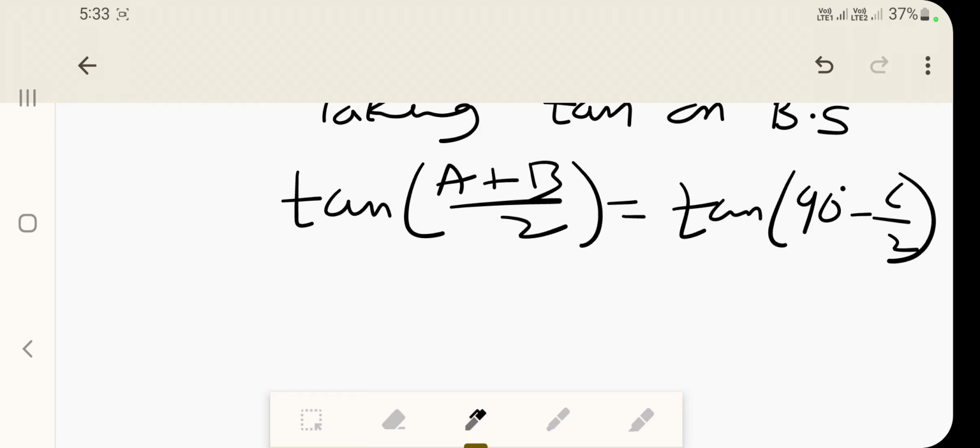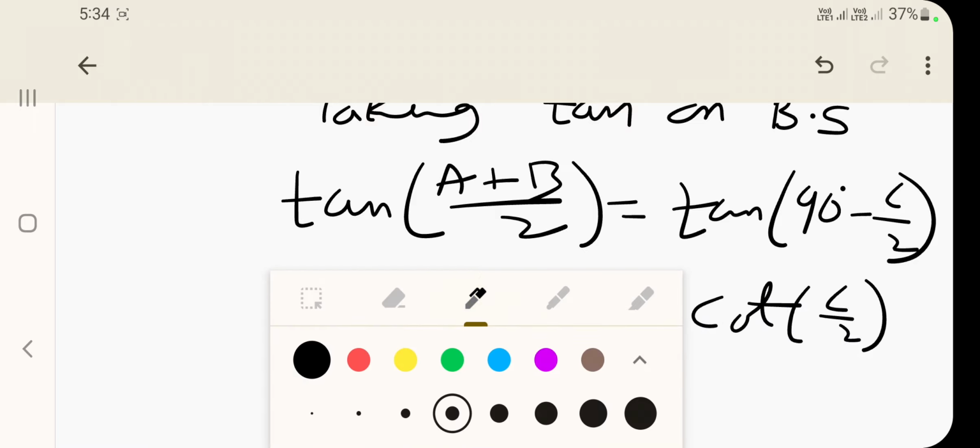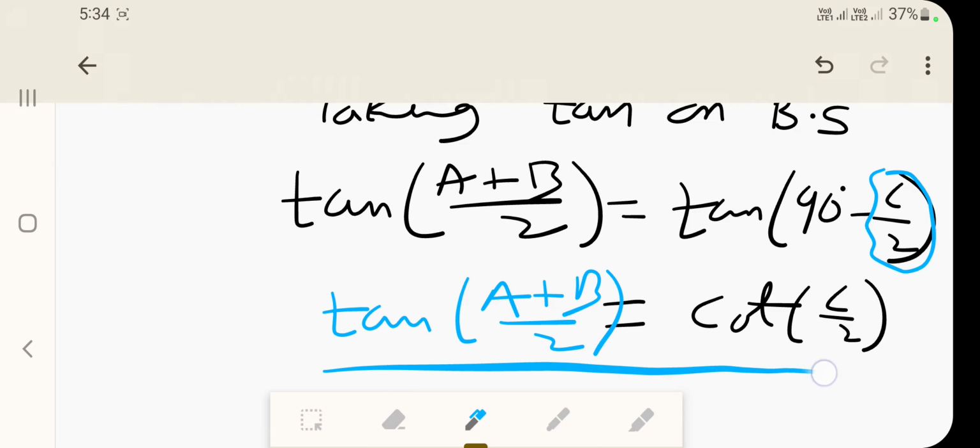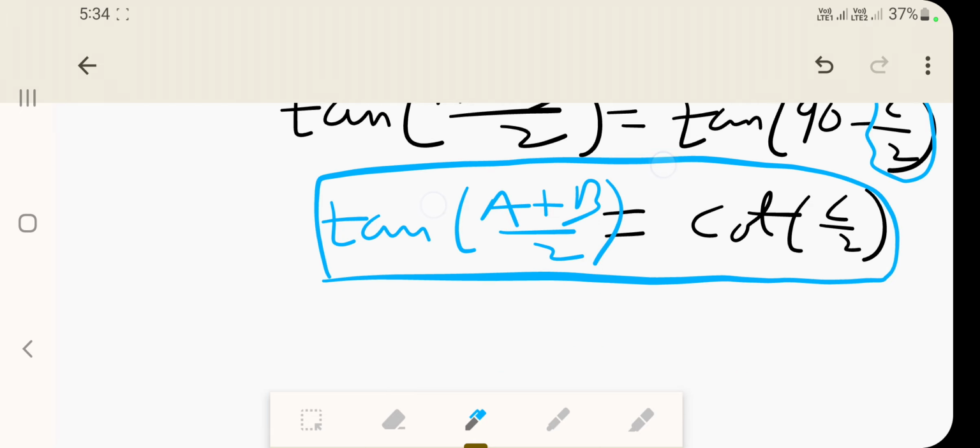And we know that tan of 90 minus theta is cot theta, that is cot C by 2. Here in place of theta we have C by 2. So on the left hand side we have tan of (A plus B) by 2. This is what they have asked to prove, hence it is proved. What you have to write at the end is, hence it is proved.